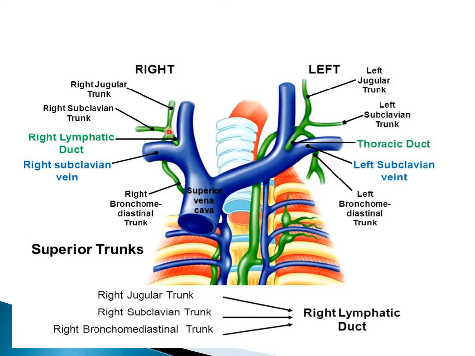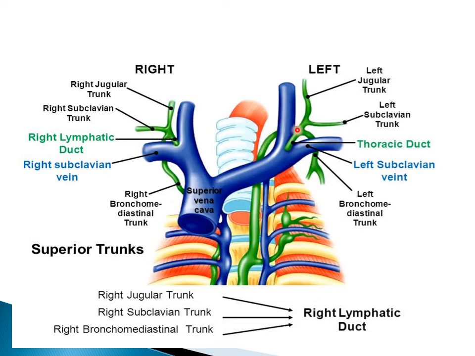The right jugular trunk will join with the right subclavian trunk and drain at the junction of the right internal jugular vein and the right subclavian vein, whereas on the left side, the left jugular trunk will join with the left subclavian trunk.